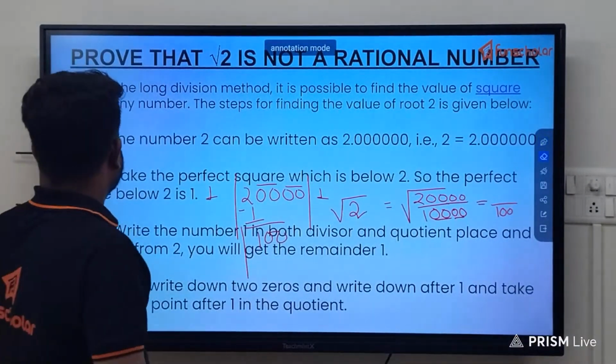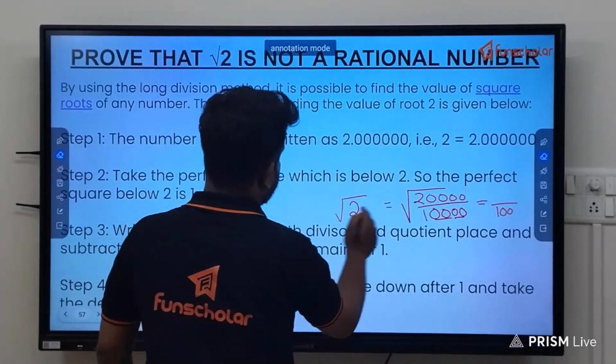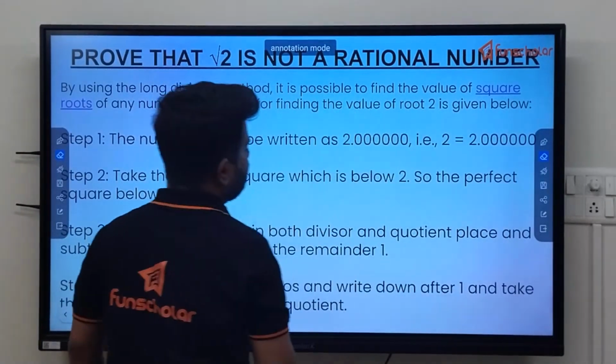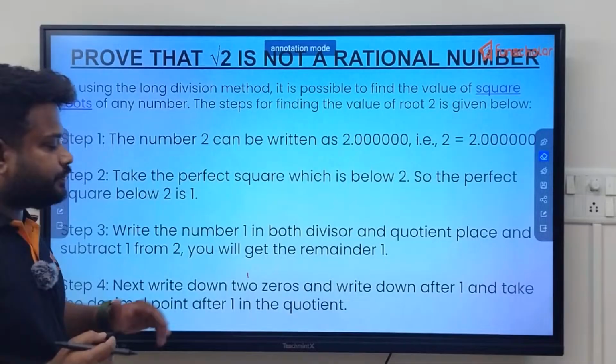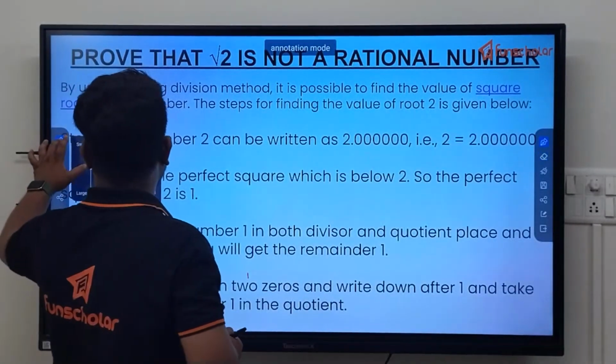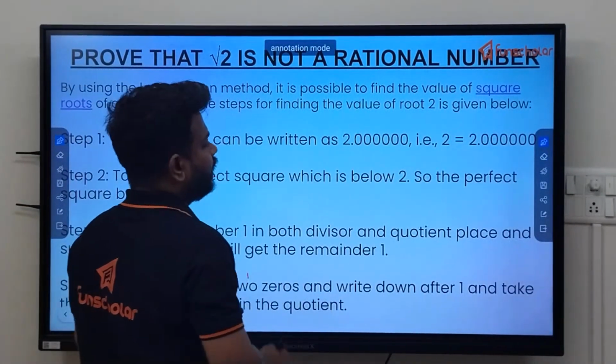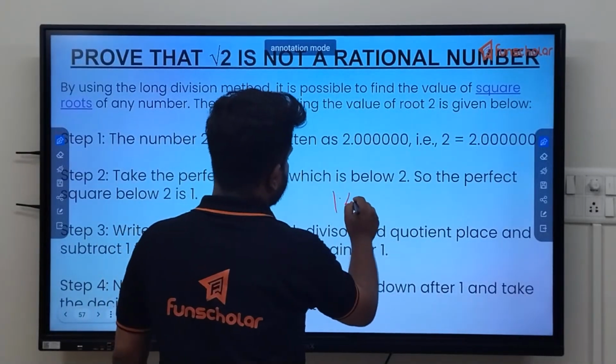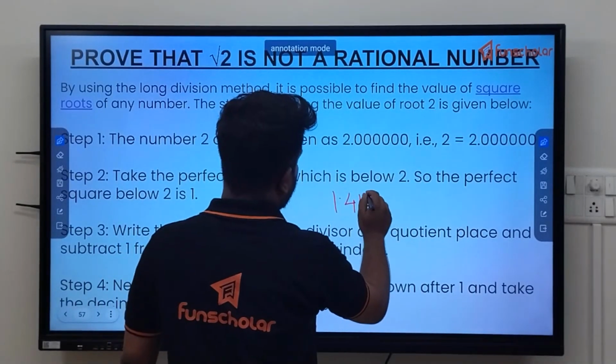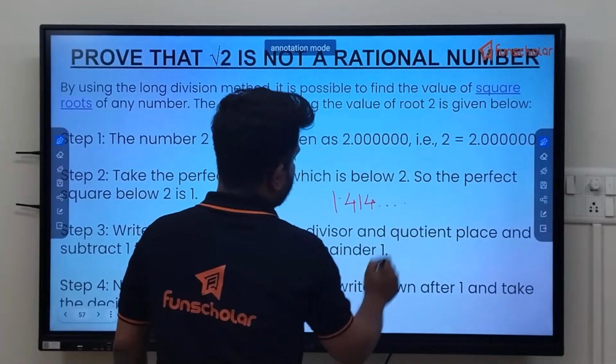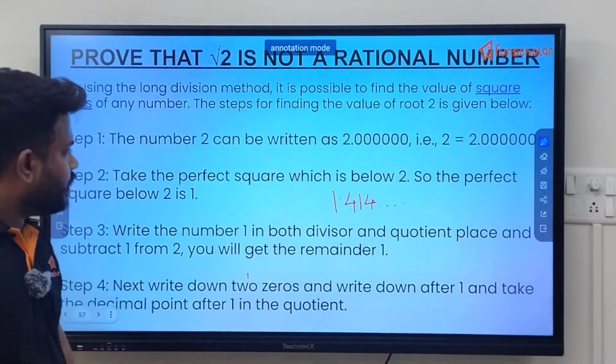We can solve this, but we will see that the answer turns into a non-recurring, non-terminating decimal number, whose value will go on like this.